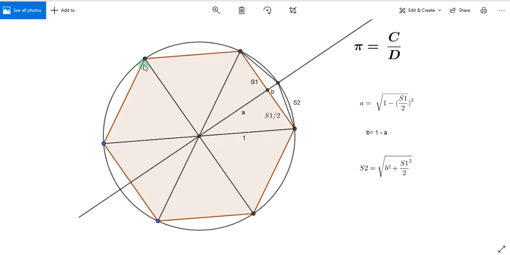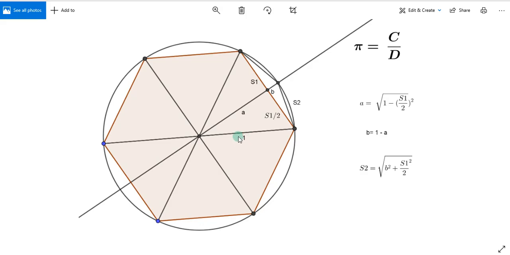Here each and every side is equal, and the radius of this polygon and the radius of the circle are equal and taken as 1 unit.